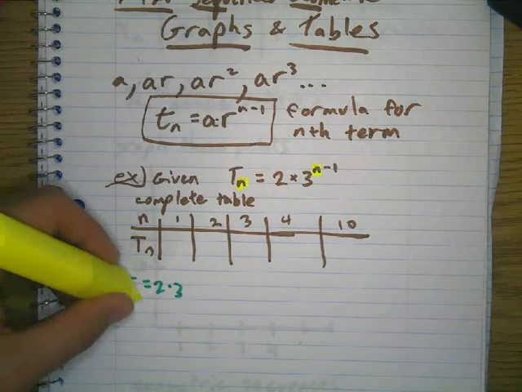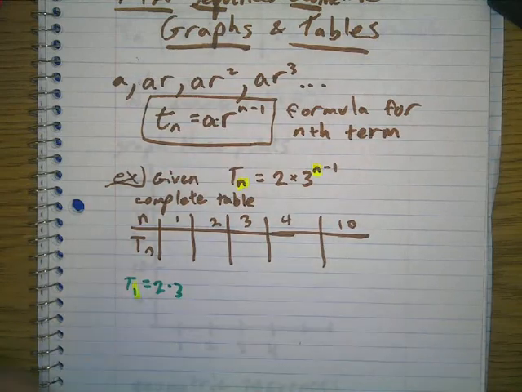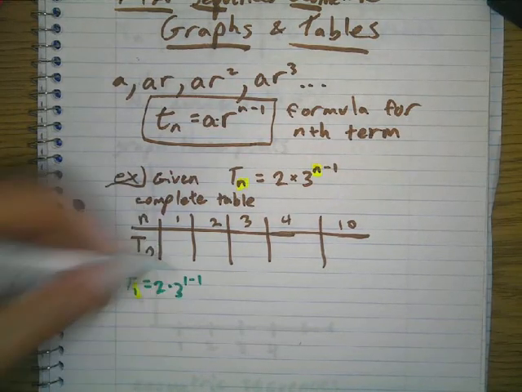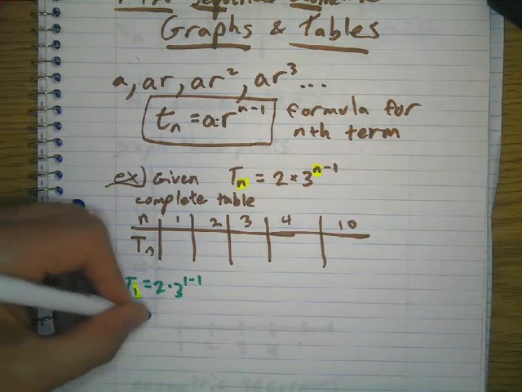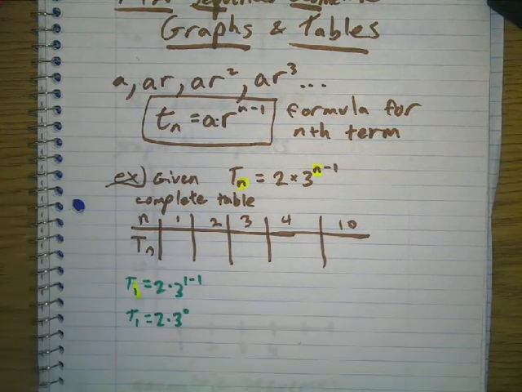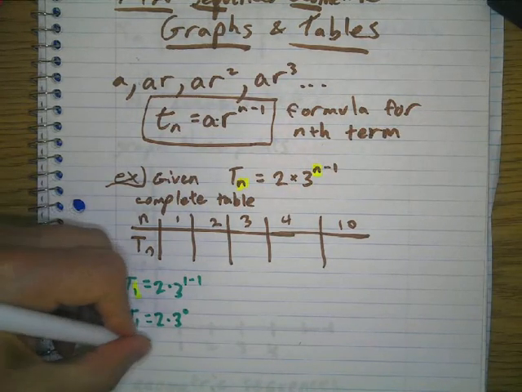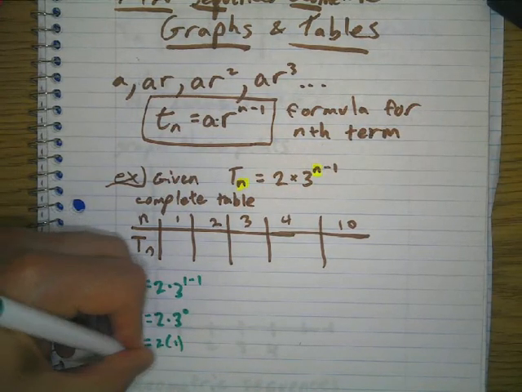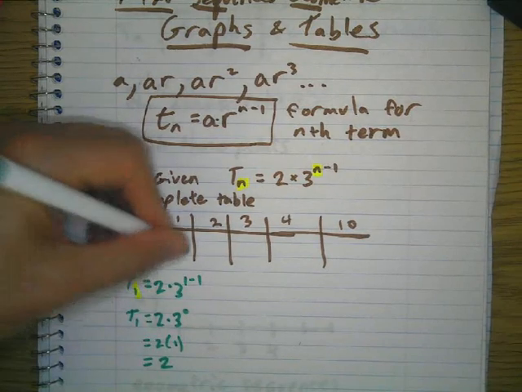Since we've got a 1, the power is going to be 1 minus 1. Well, let's think about that. If I've got 2 times 3 to the 0 power, anything to the 0 power is 1, right? So I've got 2 times 1, which is equal to 2.